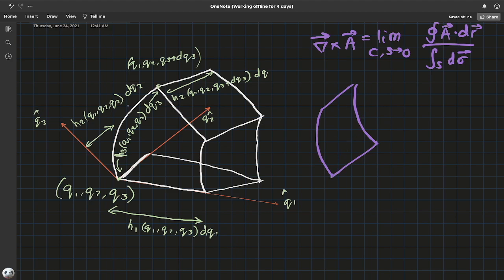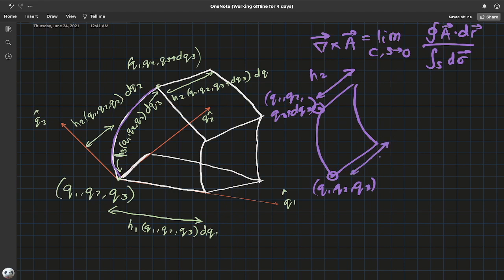See this face here. So this point is q1, q2, q3, the main reference point. This point will just be q1, q2, q3 plus dq3, and then this length is just h2 evaluated at this point. These reference points are important, as I said. This length is h2 evaluated at q1, q2, and q3, the bottom reference point.